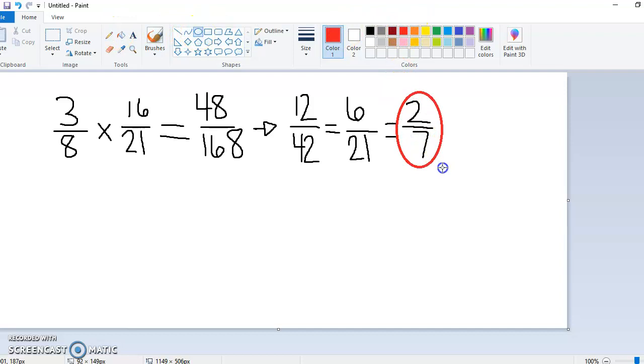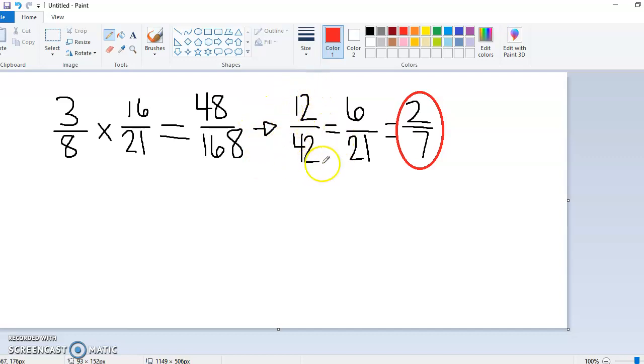Okay, so in doing this problem, I went from multiplying 3/8 by 16/21 to get me a product of 48 over 168. That is a crazy looking fraction. Then we simplified by dividing by 4.